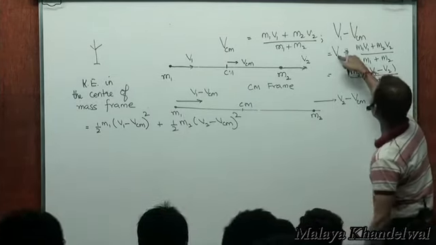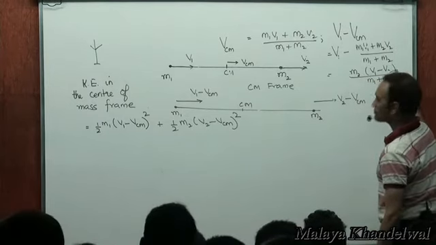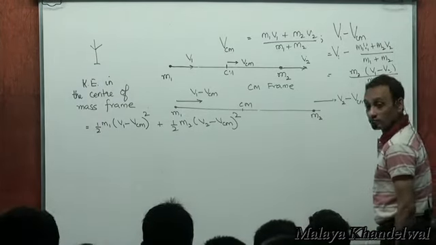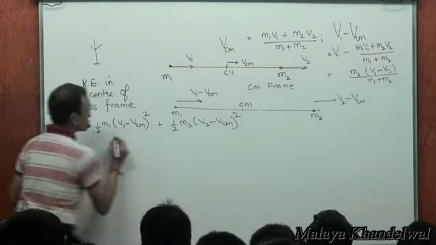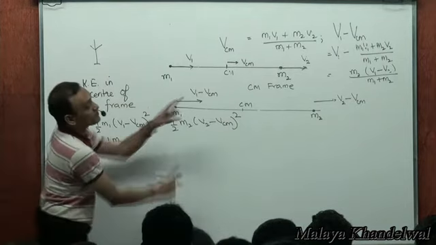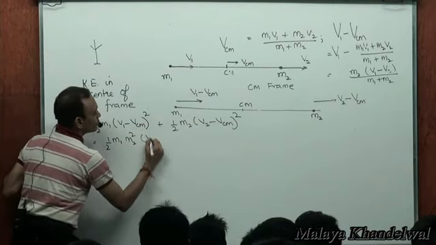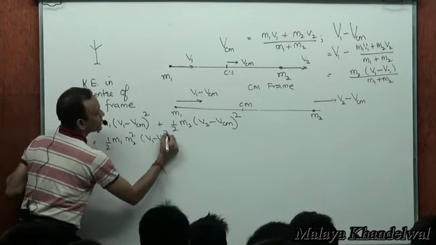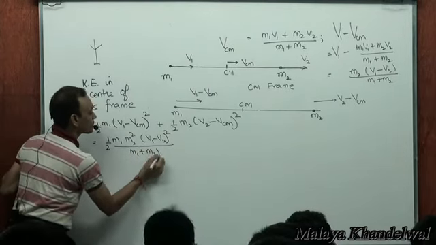This is what I get. See, m1 v1 gets cancelled. m2 v1 minus m2 v2, is this? Right? Which is to say that half m1 into (v1 minus vcm) whole squared is going to be m2 squared into (v1 minus v2) whole squared divided by (m1 plus m2) whole squared. Yes or no?